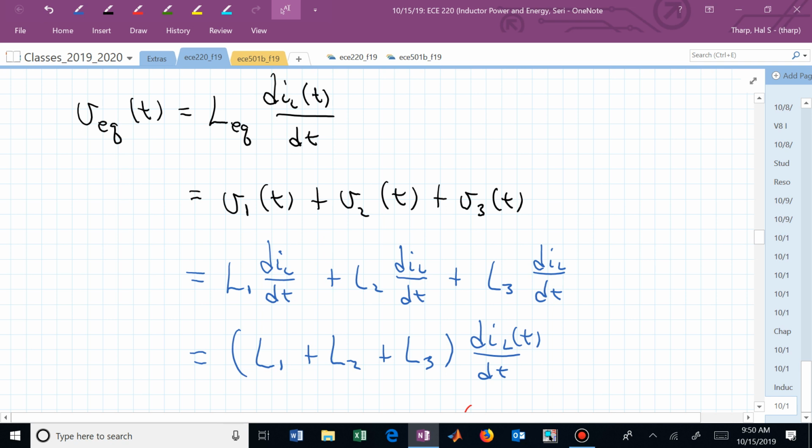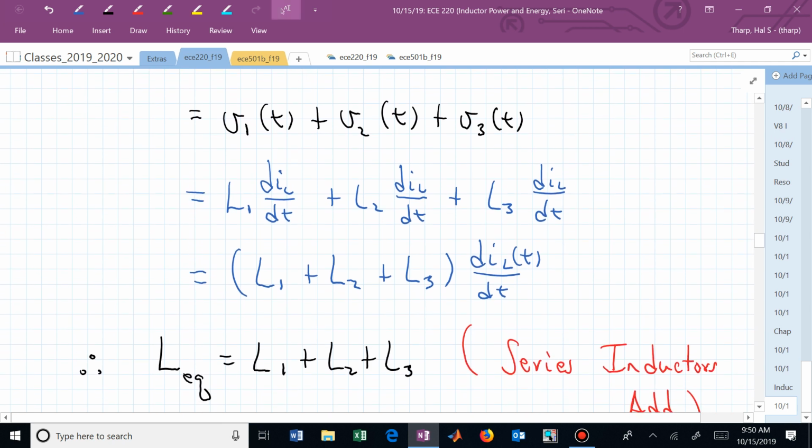We can factor that common term out, and we now can say we're simply adding those inductors to find the equivalent inductance of those three series inductors. And that's just how you combine resistors. You have three resistors in series. It's R1 plus R2 plus R3. Inductors add the same way with the same structure. Series inductors add.